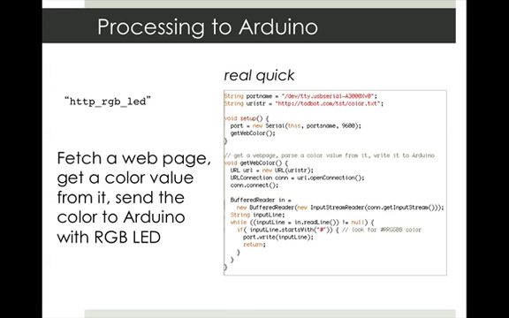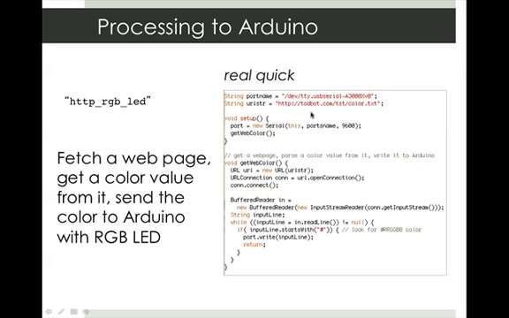So here is another application. As you can see, we will now be controlling the light or the color intensity of an RGB LED. The RGB LED contains three different inputs: R for the red component, G for the green component, and B for the blue component.